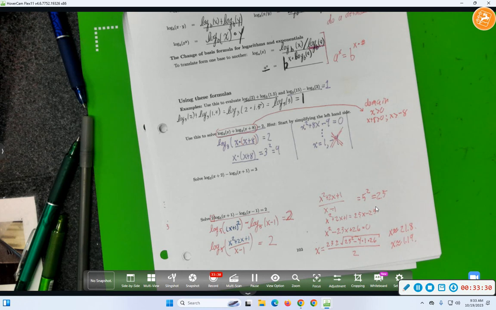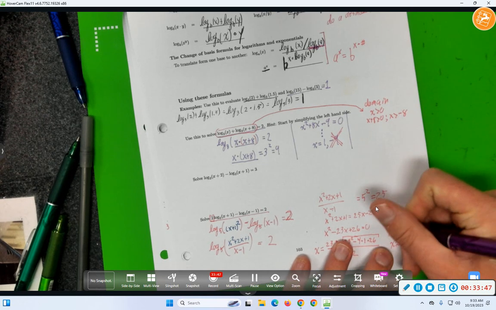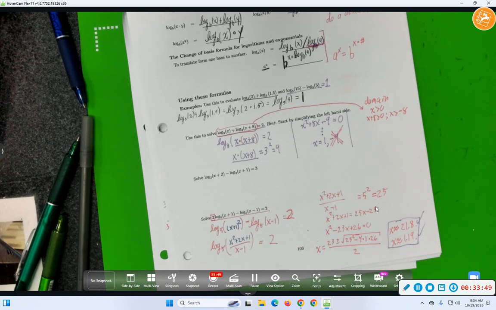Are both of those bigger than negative 1? So far, so good. x minus 1 has to be positive, so x has to be bigger than 1. Are both of those bigger than 1? I think both of those are solutions. But you do have to do that domain check, even if you don't write anything down. Neato.